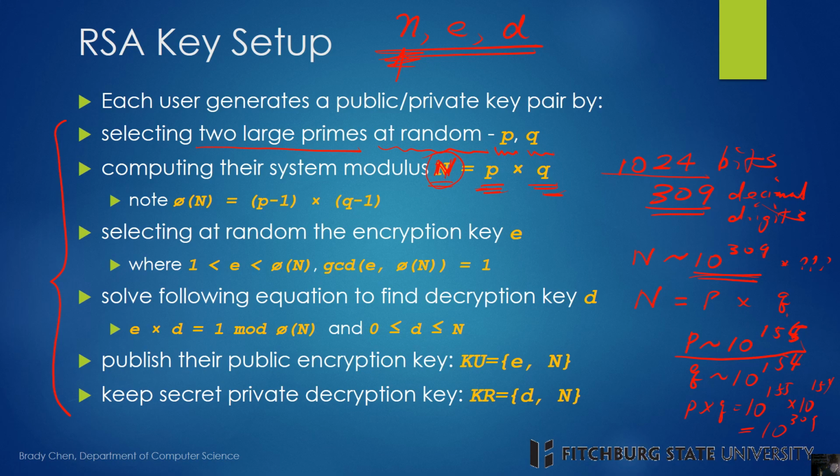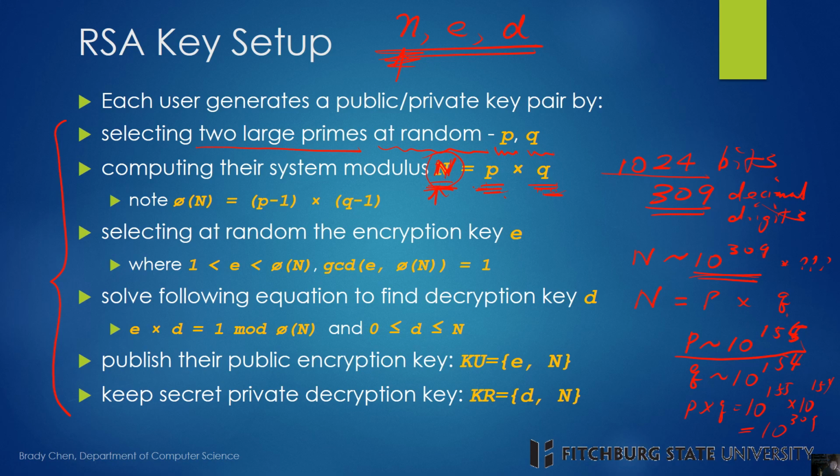Now, what's so good about this? In math, once we find two prime numbers, we can easily multiply these two numbers and get the number n, right? That part should be relatively easy. Not that easy, but compared with the other way, it should be relatively easy.